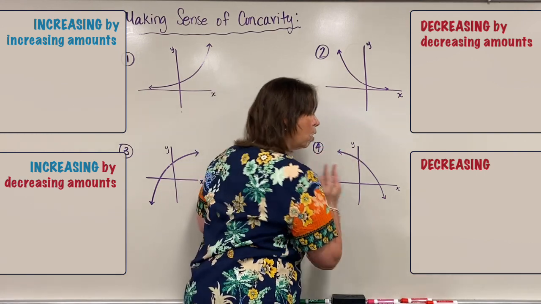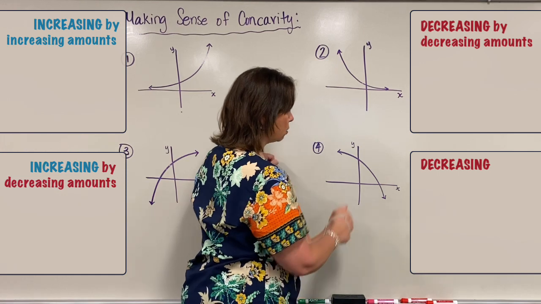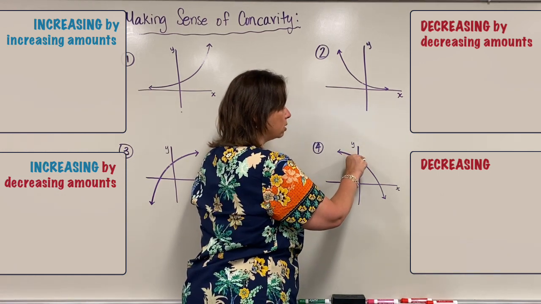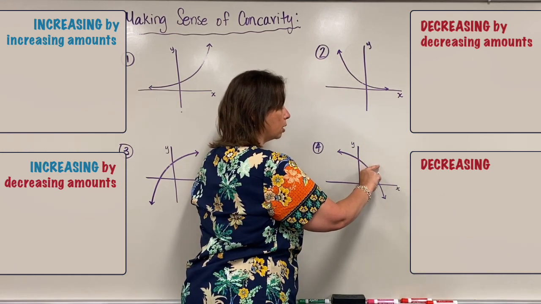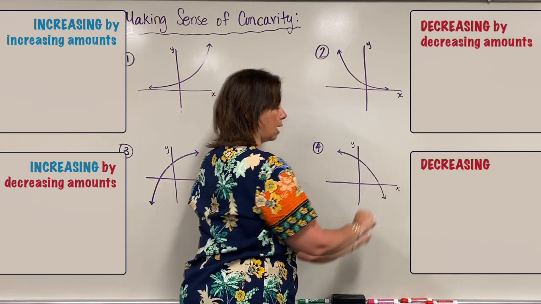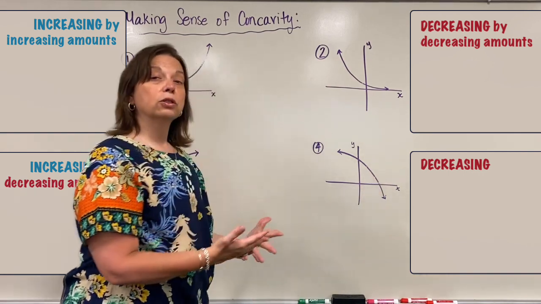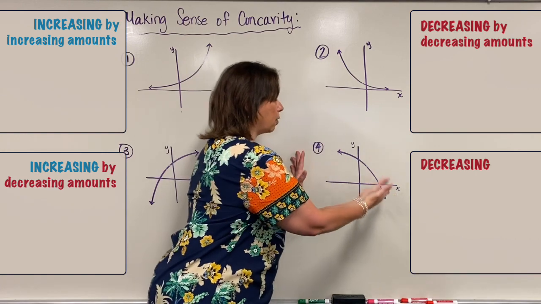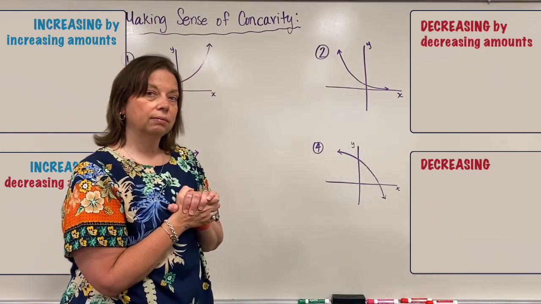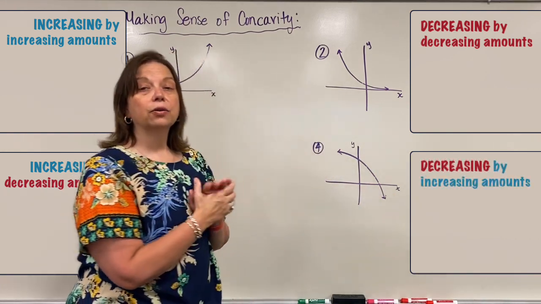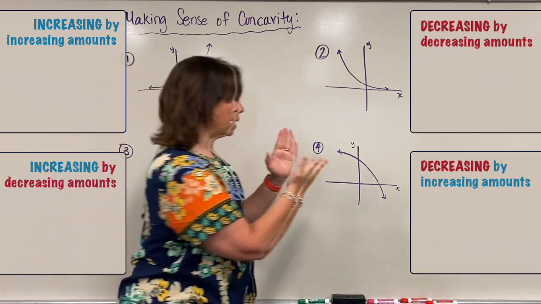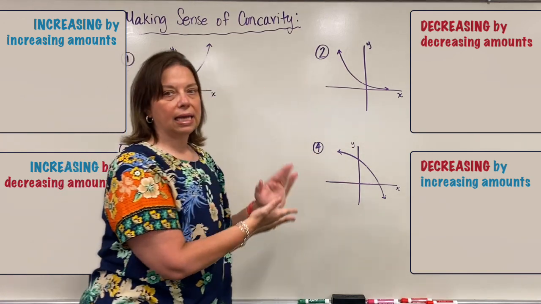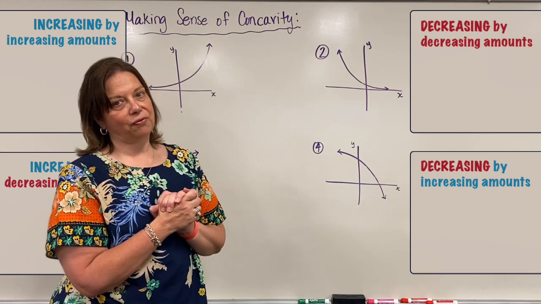As I continue on further, as X goes to infinity, those amounts of change get larger and larger as I go on. So while we would categorize this function as decreasing, it is doing so by increasing amounts. So we have a decreasing by increasing amounts type of function.